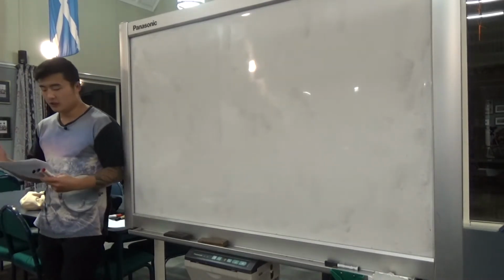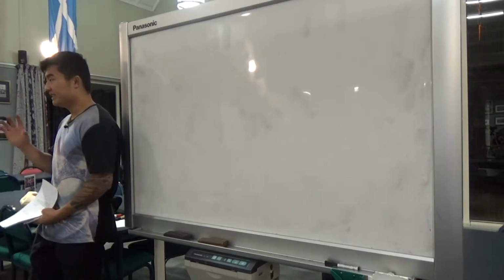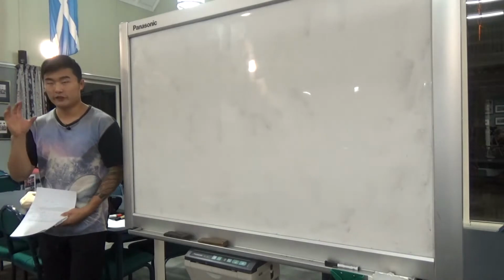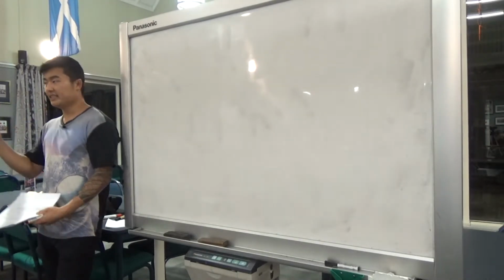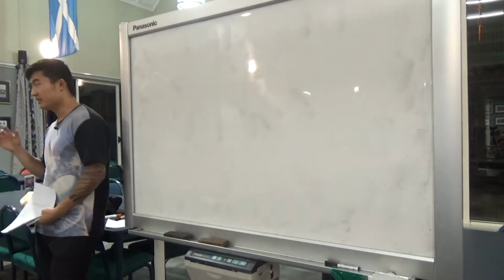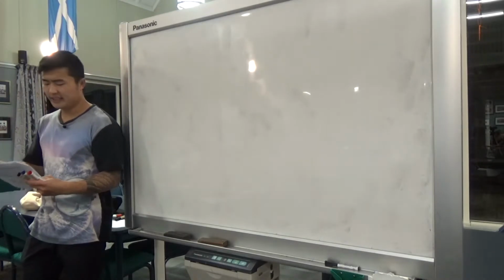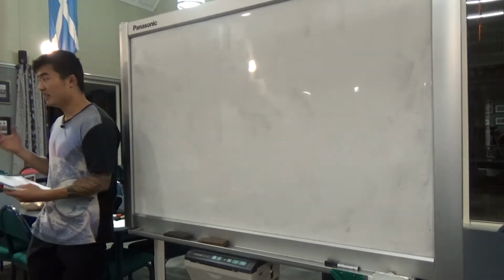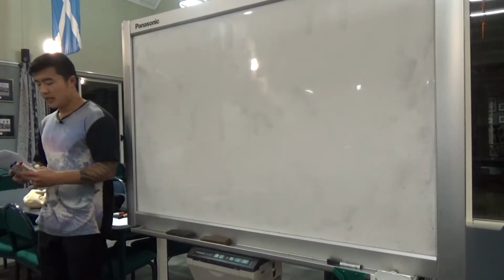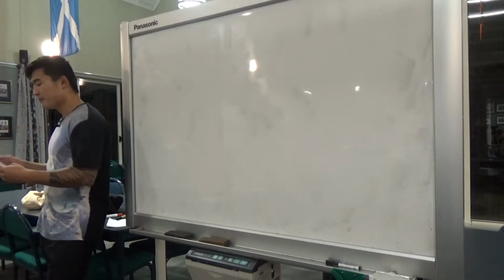So first of all, if an object is floating, it means that the density of that object is less than the density of the liquid that it's floating in. Okay, so if the density is less, it'll float. If the density is greater, it's going to sink. And so we know that the density of the sphere has to be less than 1,000 kilograms per meter cubed. Okay, so that would automatically eliminate your options D and E.